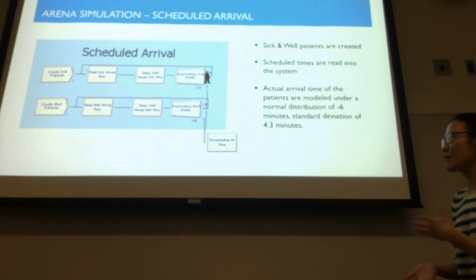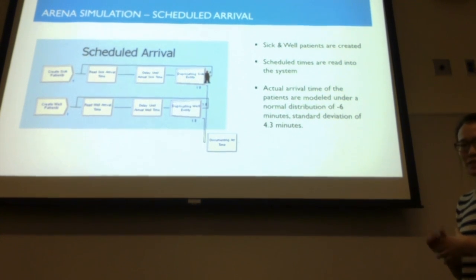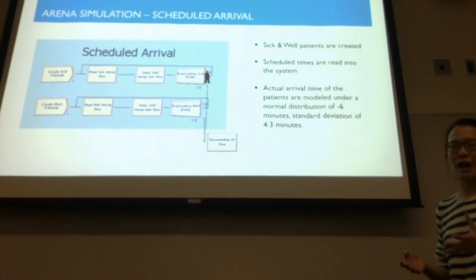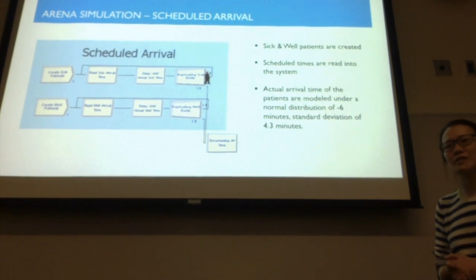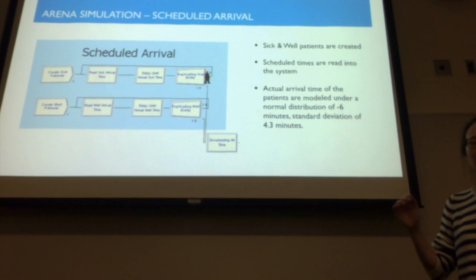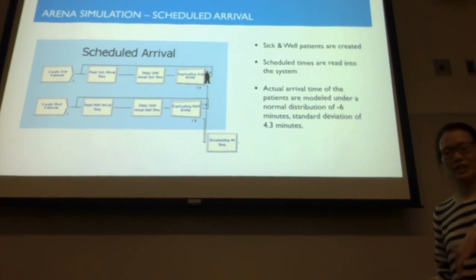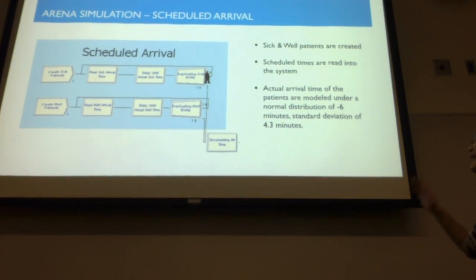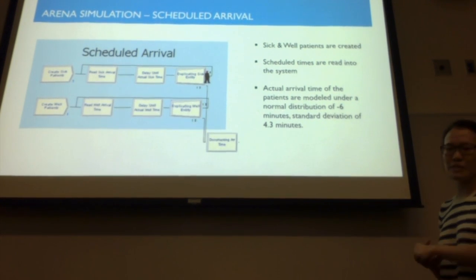We factored in a little bit of randomness though, because some patients arrive earlier, and we noticed that if an MA was free and they arrived early, then the MA will take them before their scheduled appointment time. So we wanted to put that in there as well. And in our observations, we noticed that on average, patients come in 6 minutes early, and there's a standard deviation of 4.3, so we put that bit of randomness in there as well.